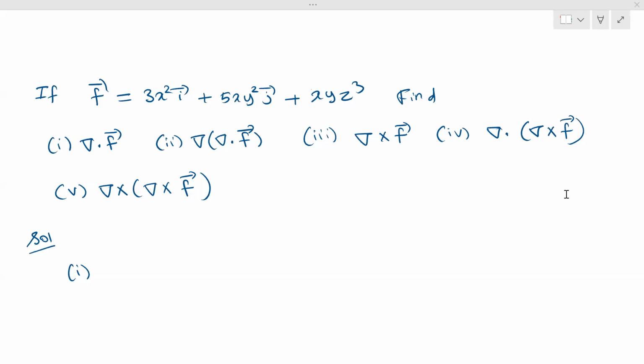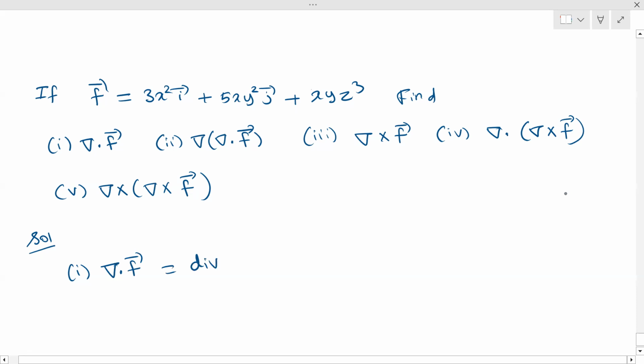In this problem, they have given the F vector. The first one is to find del dot F vector. Del dot F vector is nothing but the divergence of F vector.